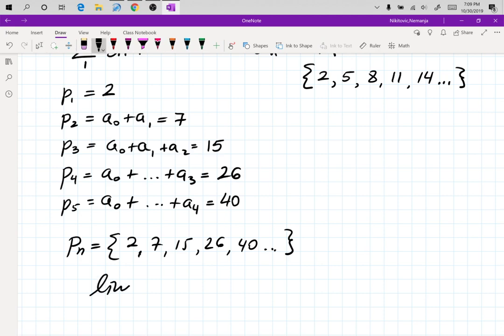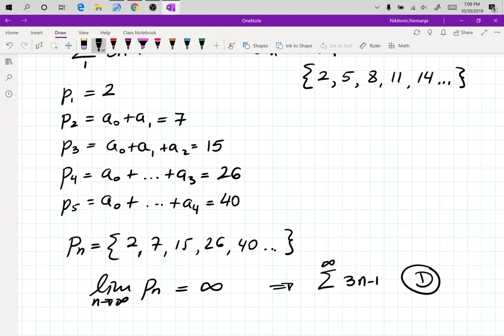So when I say the limit of partial sums as n goes to infinity will end up being infinity, it means that the series 3n minus 1 diverges because its sum never adds up to a finite number.